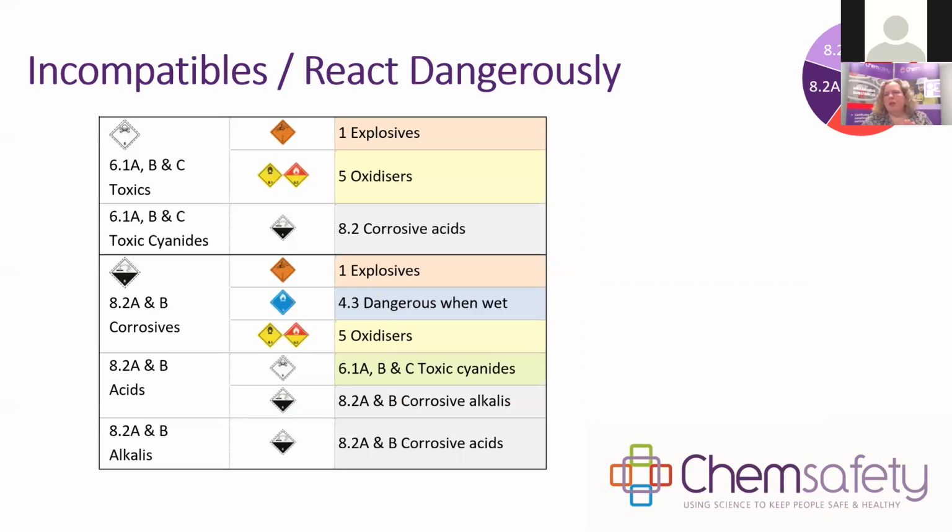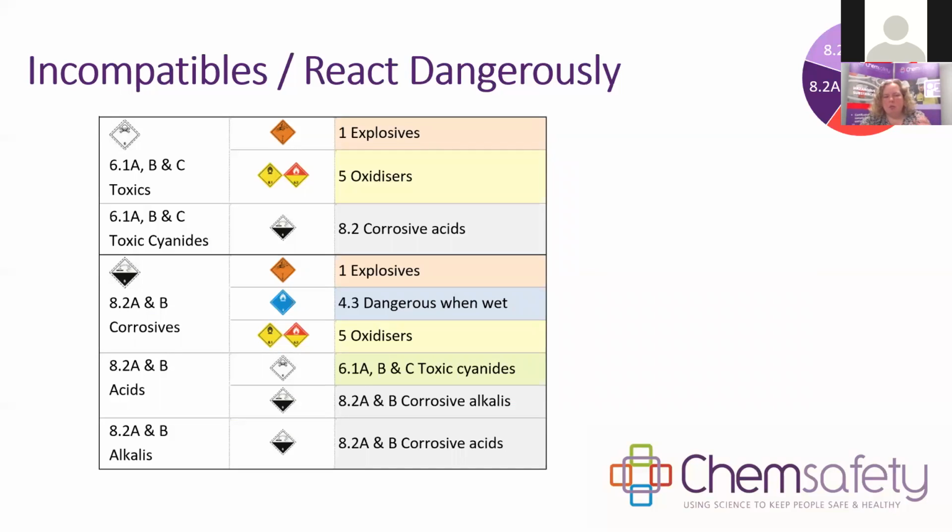So we'll have a look at the incompatibles and what reacts dangerously. So the regulations specify what is incompatible with these classes of substances for the purposes of this regulation. So our toxic substances are incompatible with explosives or oxidizers, so keep these stored separately. And if you had any toxic cyanides, we want to make sure those are kept well away from acids.